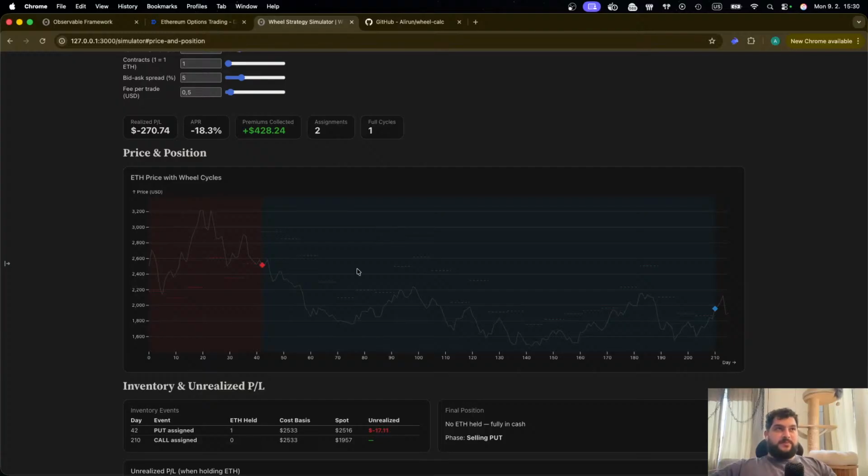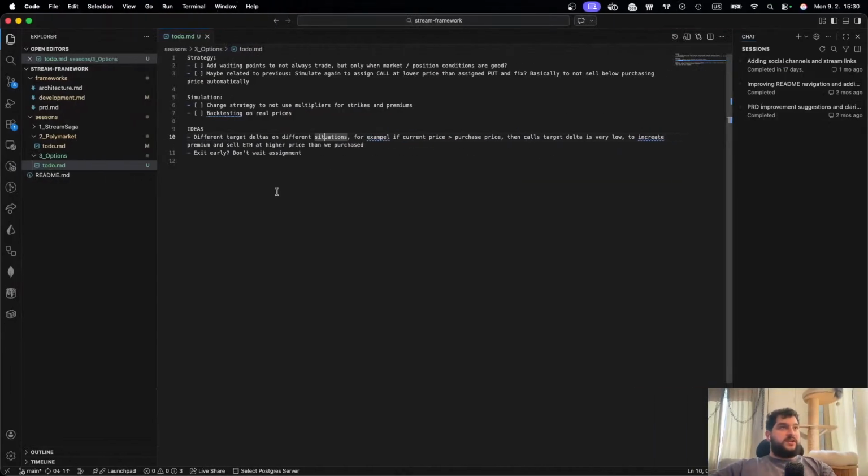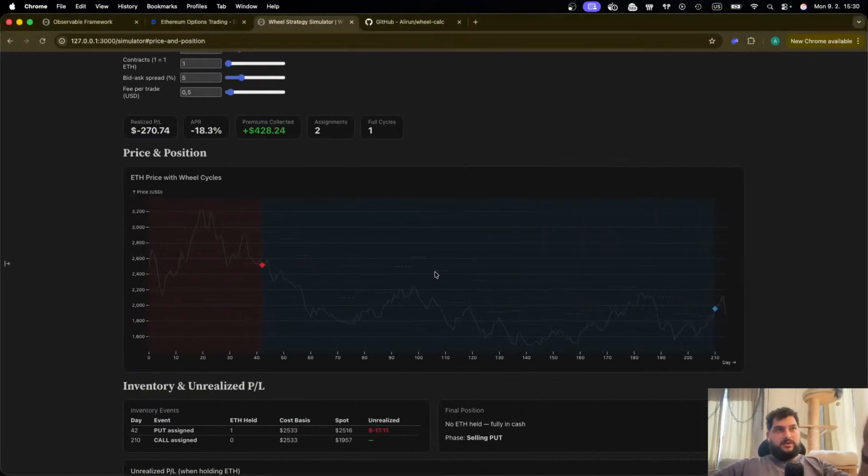And we can do the same idea for the puts, but with different conditions and different outcomes. So this is one of the ideas that I just got while looking at this chart.